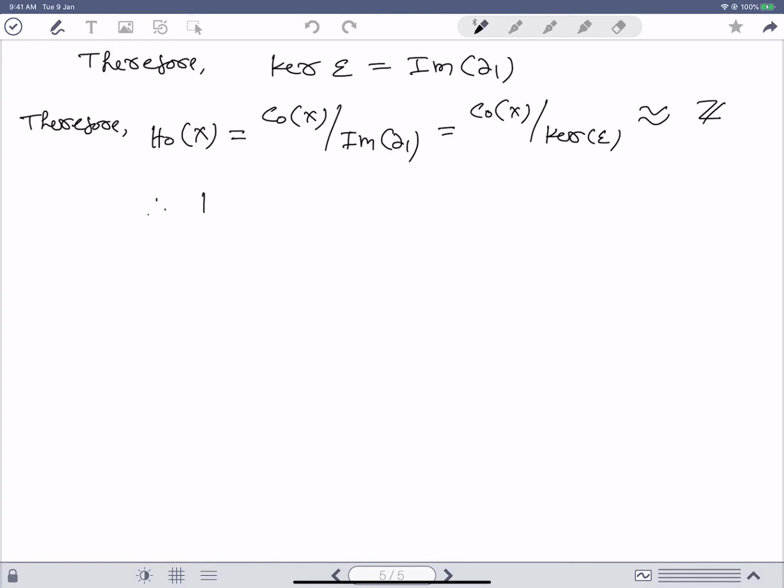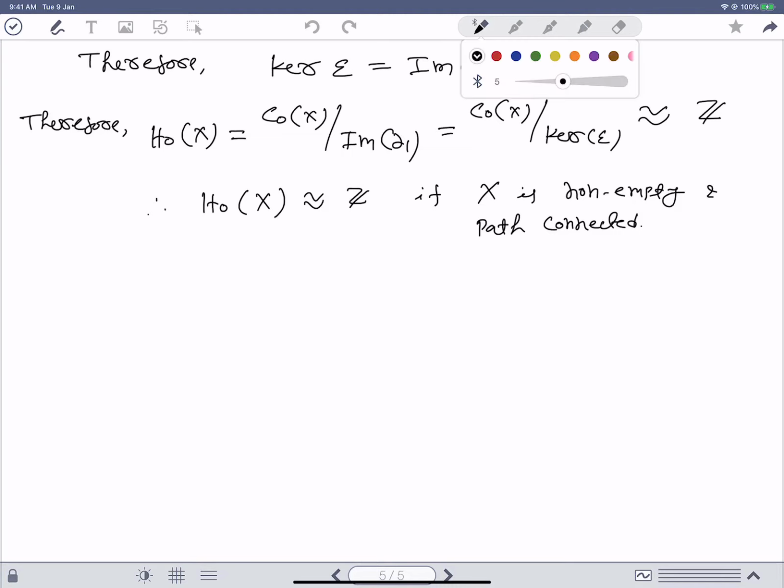So that is, A_0(X) is isomorphic to Z if X is non-empty as a set and path connected. Okay. So from this we have a corollary.